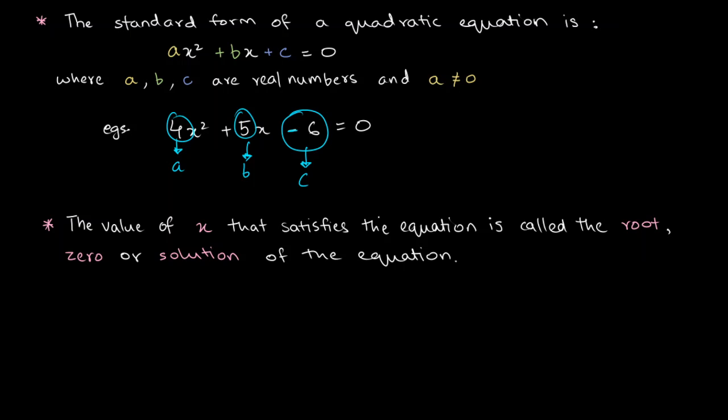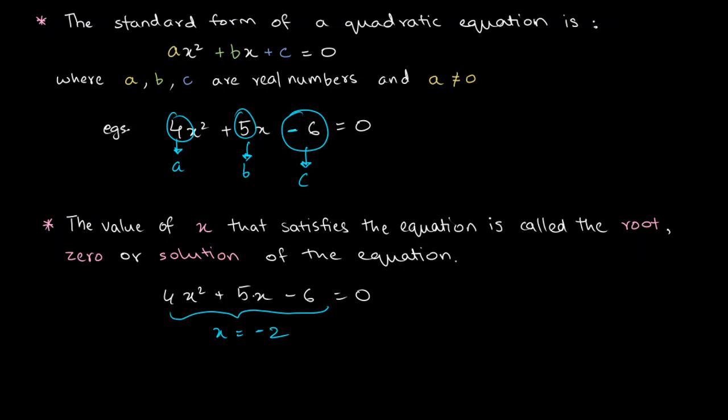Suppose we take our example again, 4x square plus 5x minus 6 equal to 0. If I take the value of x as minus 2 and substitute it in here, try it out for yourself, this equation at x equal to minus 2 will simplify to 0.